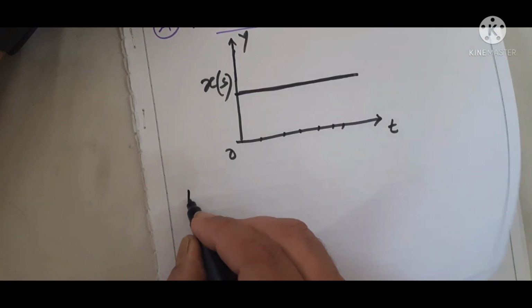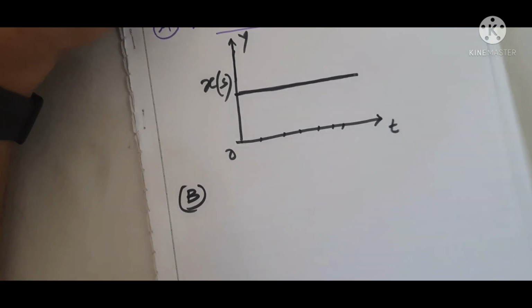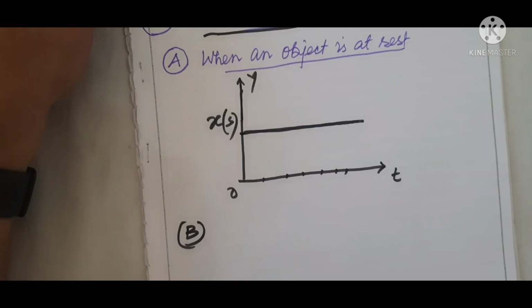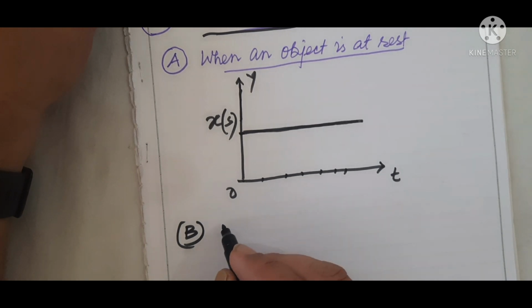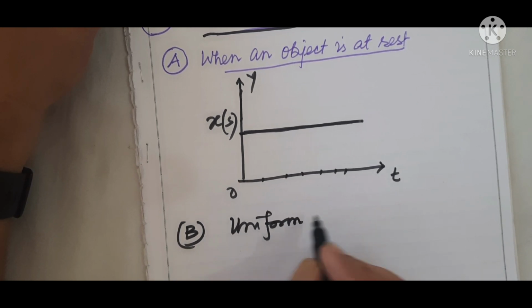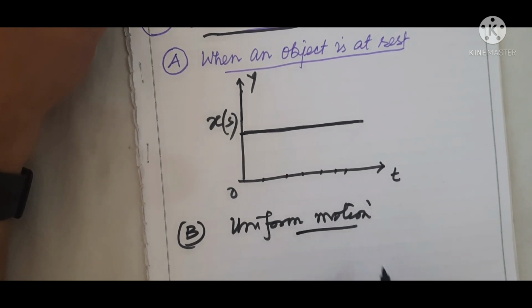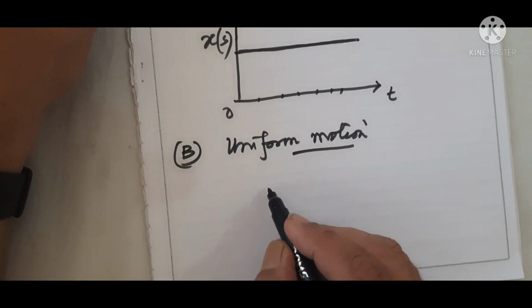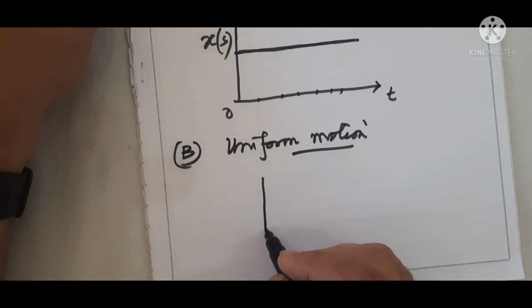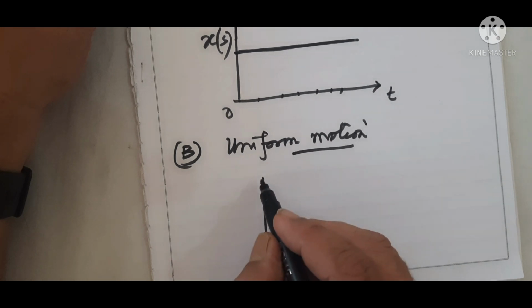Number 2, when object is moving with uniform motion. So again we have to plot the nature of the graph.